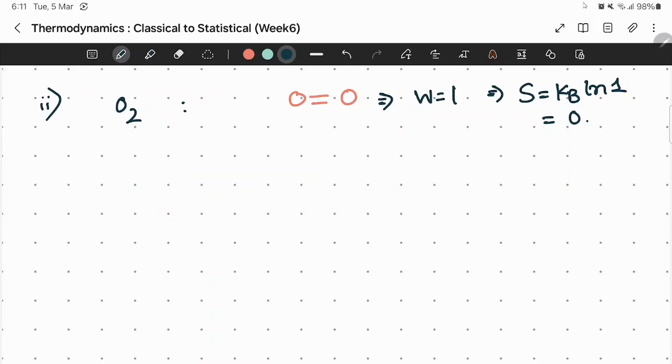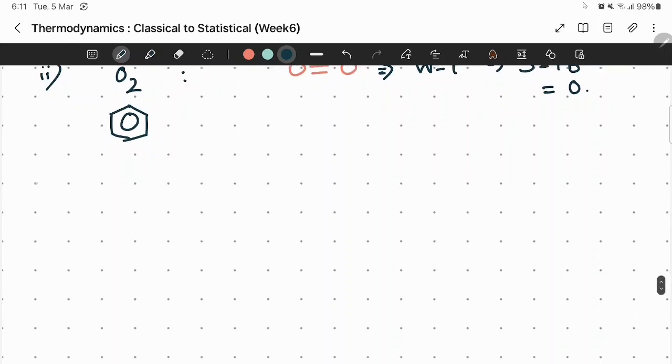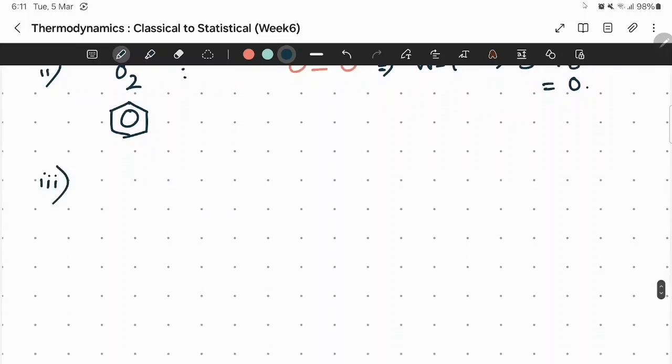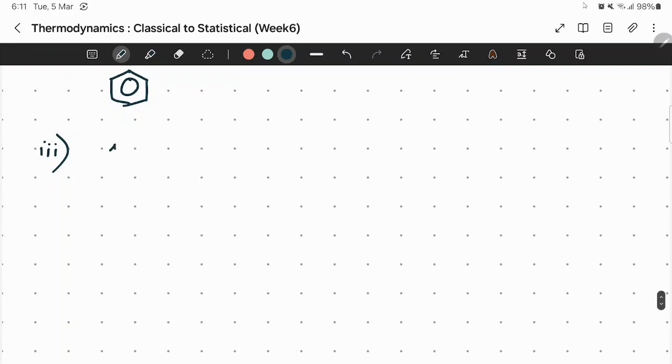Entropy is basically a measure of randomness, so it can arise only due to the spatial orientation; otherwise there will be no entropy. So for oxygen, there is only one spatial orientation, so obviously S will be 0. Eventually for benzene also, only one orientation is there, so again S will be 0. But now 1,3-difluorobenzene, sorry, 1,4-difluorobenzene.